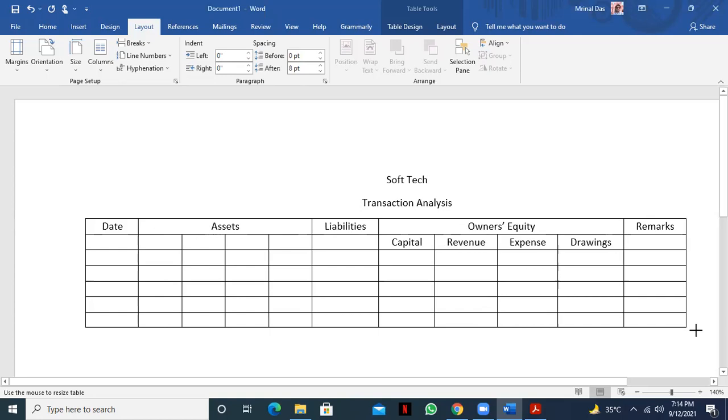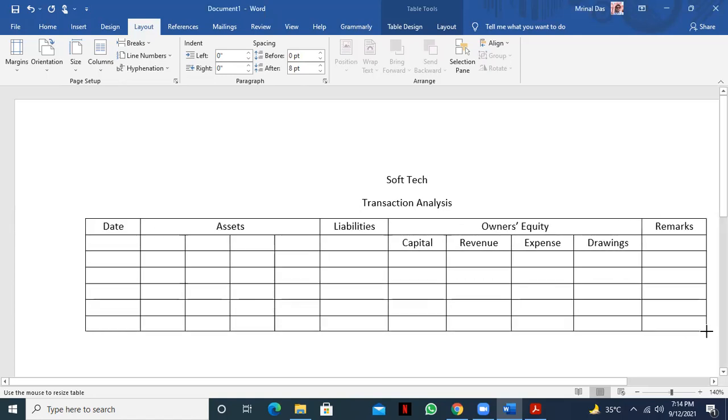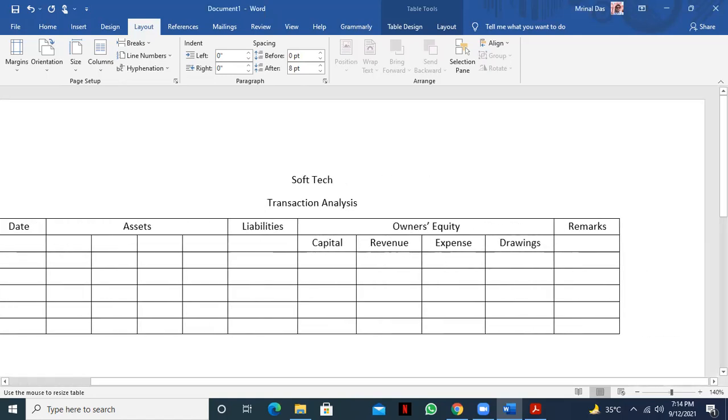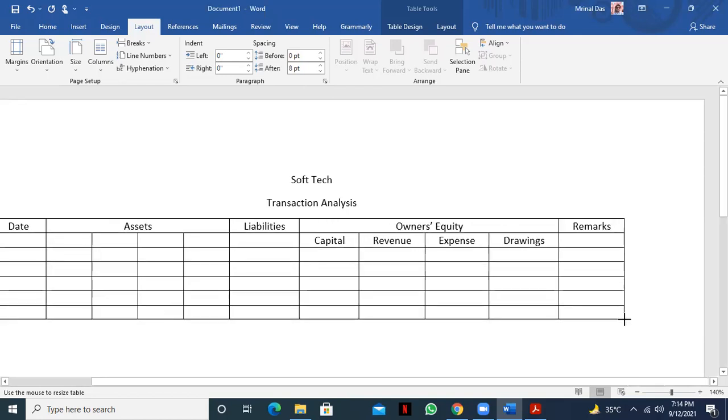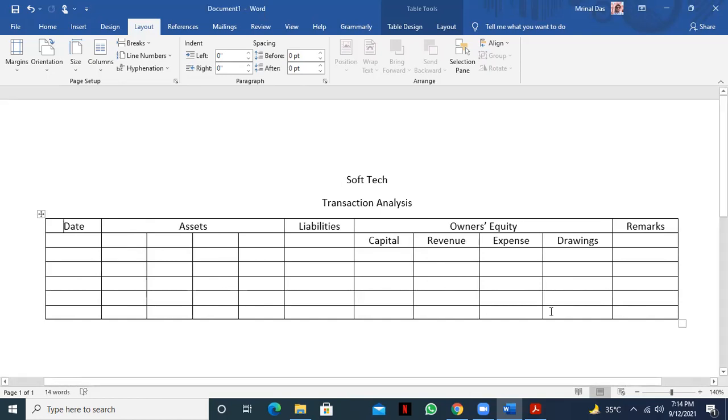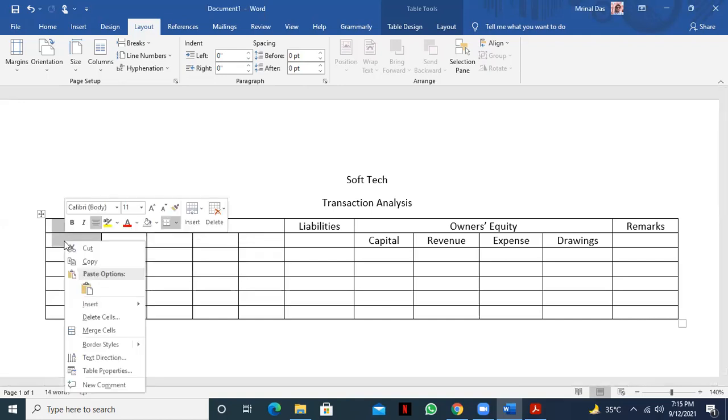You have to write different accounts names, so you need a bigger space. Okay, so that our column right now will do, we'll do the math. We'll read the question one by one, then we'll solve the question.